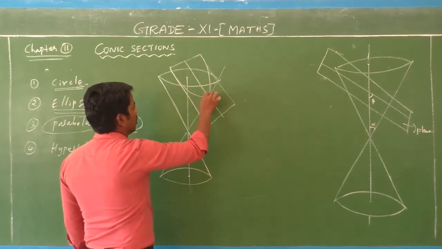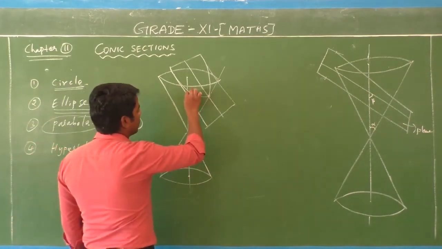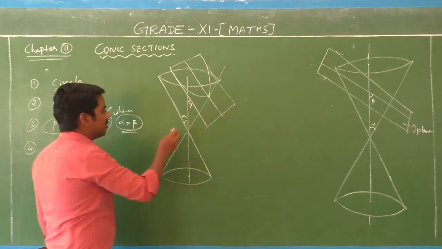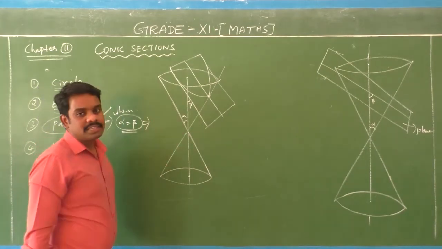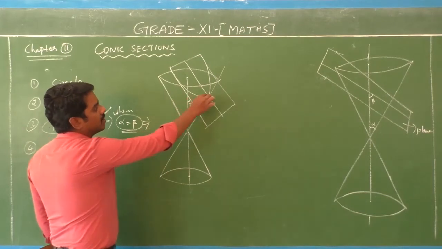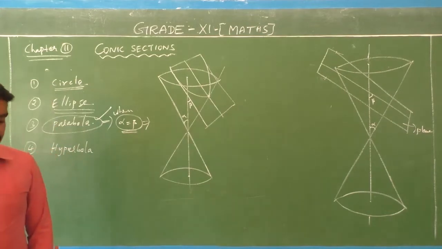This is a parabola. Here, the angle between the line and the plane is beta, and this is alpha. Here alpha and beta values are equal. When alpha equals beta, then the given section is called a parabola. Okay, right.